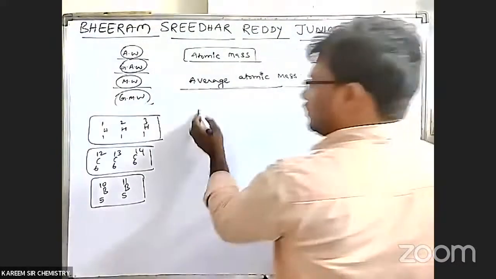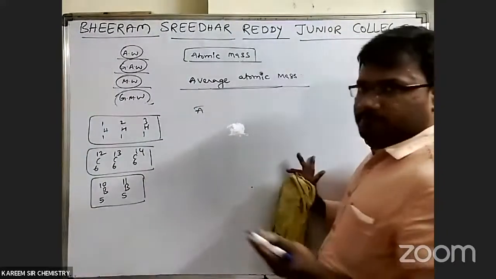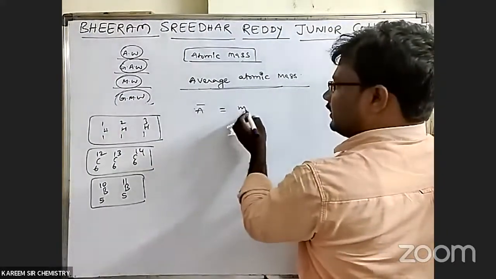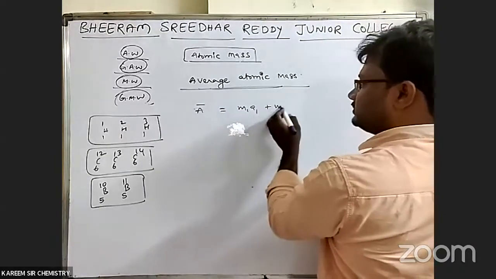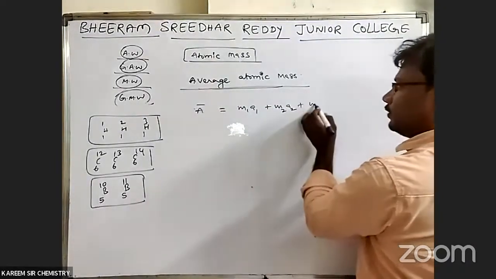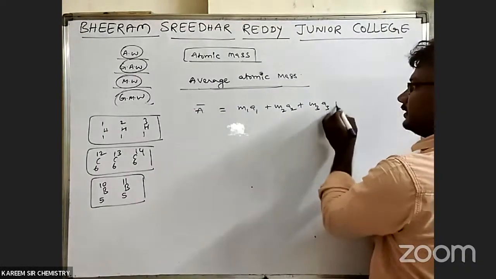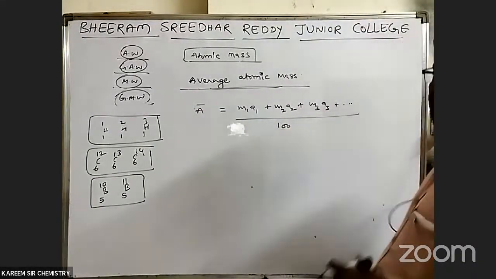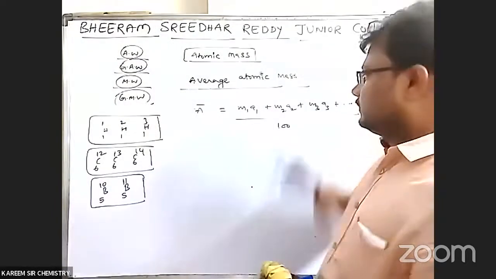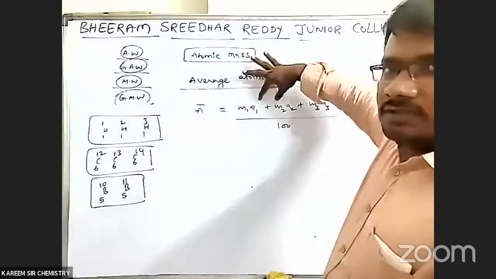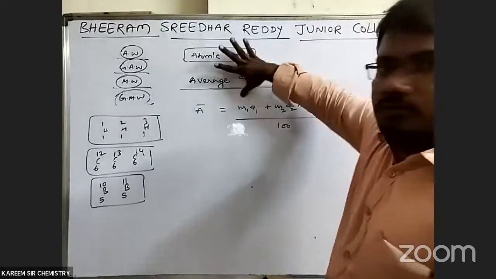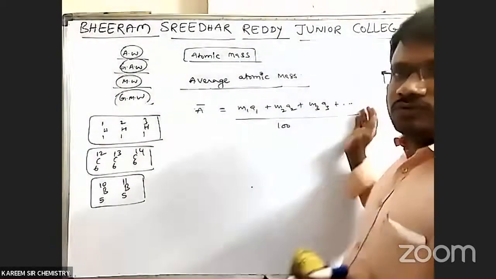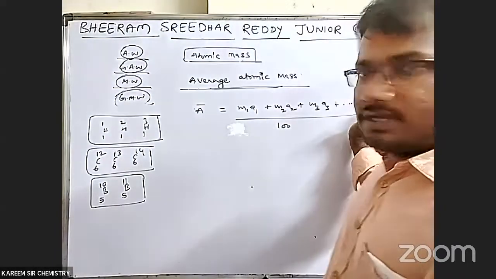So average atomic mass, A bar, simply, how can we represent? M1A1 plus M2A2 plus M3A3, and so on, divided by 100. If two isotopes are there, we should write up to this. If three isotopes are there, we should write up to this. If many isotopes are there, that many terms we should write.